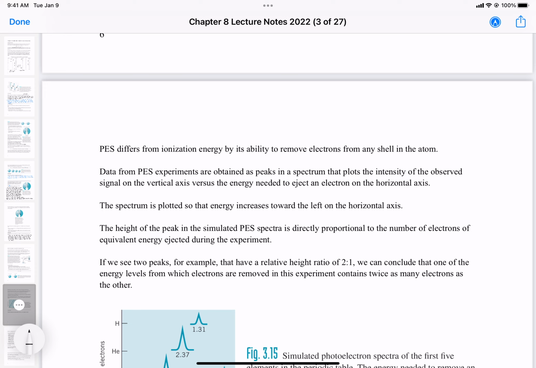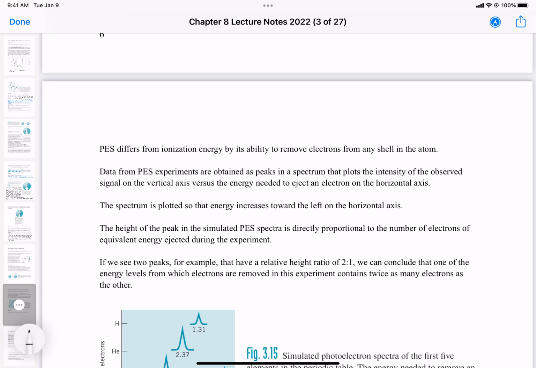Photoelectron spectroscopy differs from ionization energy because it can remove any electron from any shell. So we obtain data as in any kind of spectroscopy, where you see peaks on a graph.